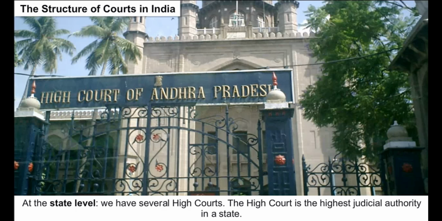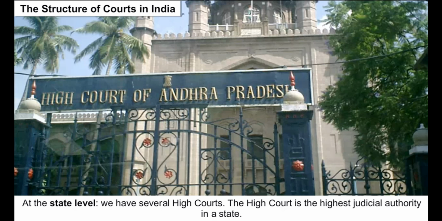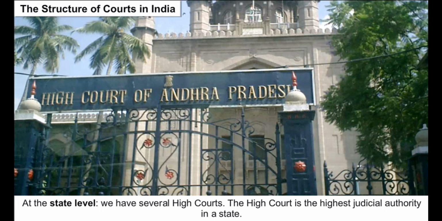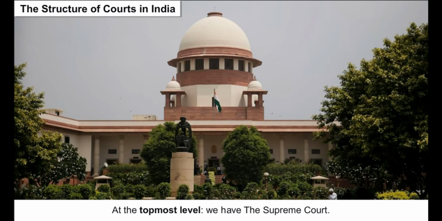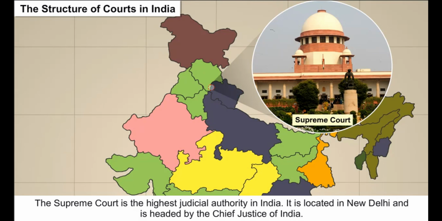At the state level, we have several high courts. The High Court is the highest judicial authority in a state. At the topmost level, we have the Supreme Court.